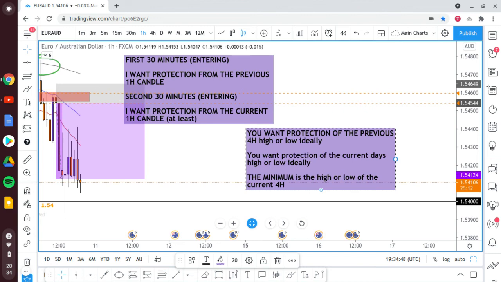I just like to simplify my trading. That's why it's Simple FX. The simplicity to me is key. Now it doesn't mean that trading's easy, but if you can simplify your stop loss, your trade management, your entries as well, your analysis, you're just making things easier for yourself.